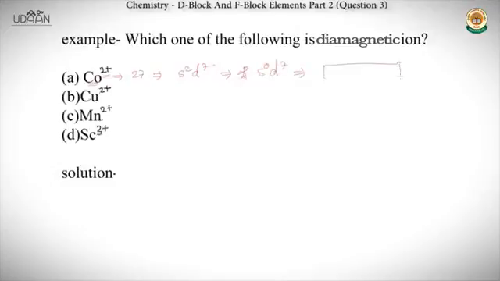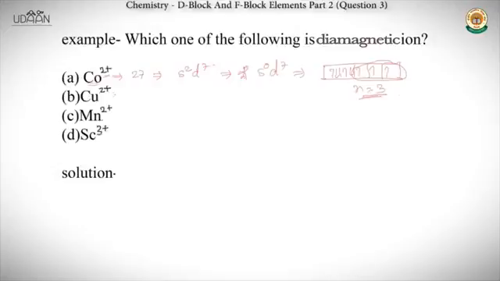Its d subshell will look like this: 1, 2, 3, 4, 5, 6, 7. So there will be 3 unpaired electrons, n is equal to 3. So it will not be a diamagnetic ion, as there are unpaired electrons, which means there will be some magnetic moment. So it's paramagnetic? Yes, as diamagnetic means there should be zero magnetic moment.